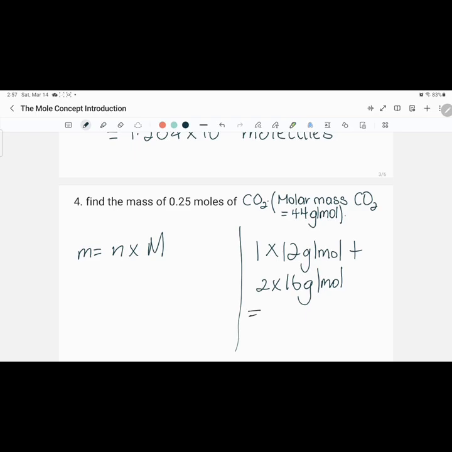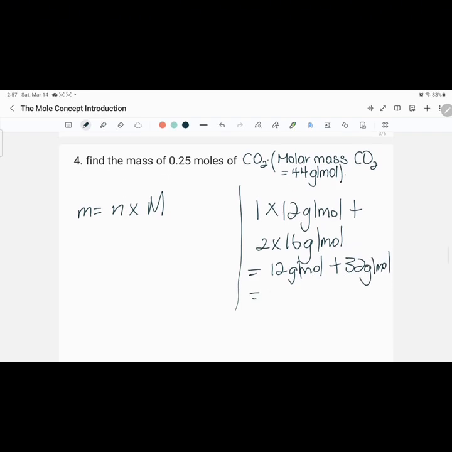And then if we add, 12 times 1 is 12 grams per mole, plus 16 times 2 is 32 grams per mole, and then the sum of that will be 44 grams per mole. It's important to show your units so you know the steps that you're taking. So we can see that we have the same 44 as in the question.